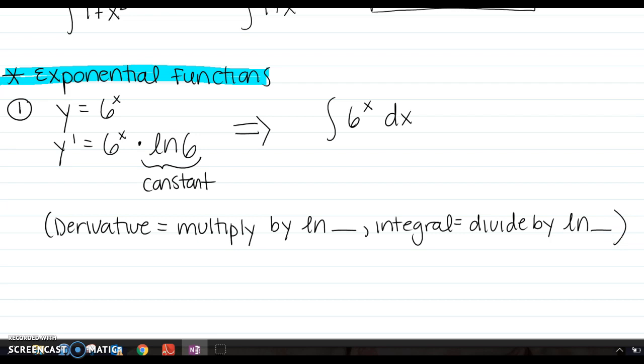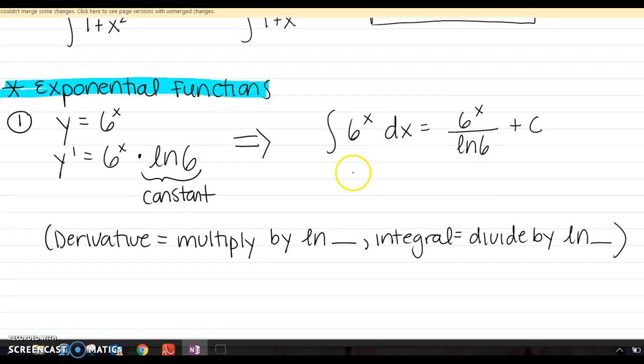So the integral of 6 to the x dx will be 6 to the x over natural log of 6 plus c. So here on the left with the derivative, we multiplied by the constant natural log of the base, and here we divide by it.